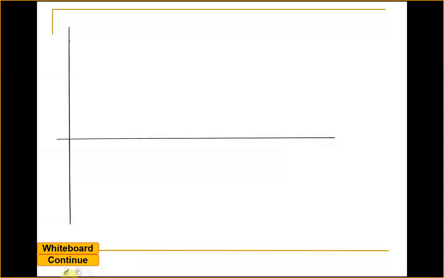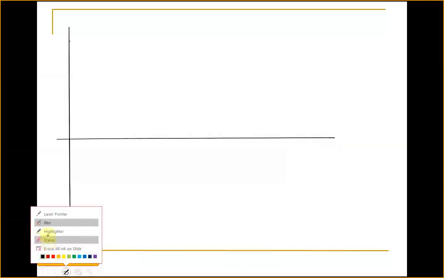Starting again, and our function. Okay, so here's what we do in the secant method.